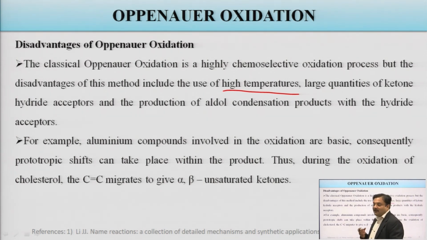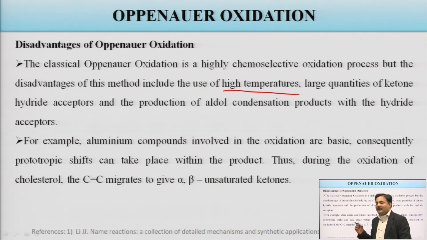So, we need acetone or any other ketone in large excess as a solvent. Okay. If we do not use ketone in large quantity, then it might be possible that in place of oxidation the reversible reaction, that is MPV reduction, will take place.